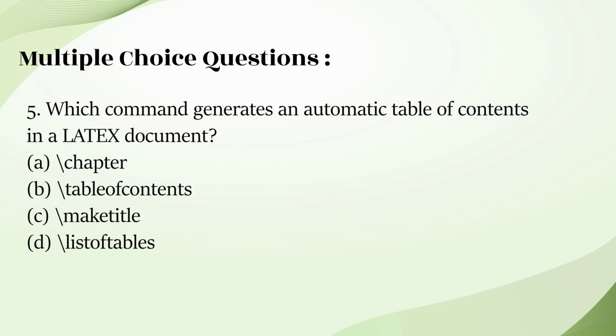Which command generates an automatic table of contents in a LaTeX document? Options are option A, chapter, option B, table of contents, option C, make title, and option D, list of tables. Here the correct answer is obviously table of contents.